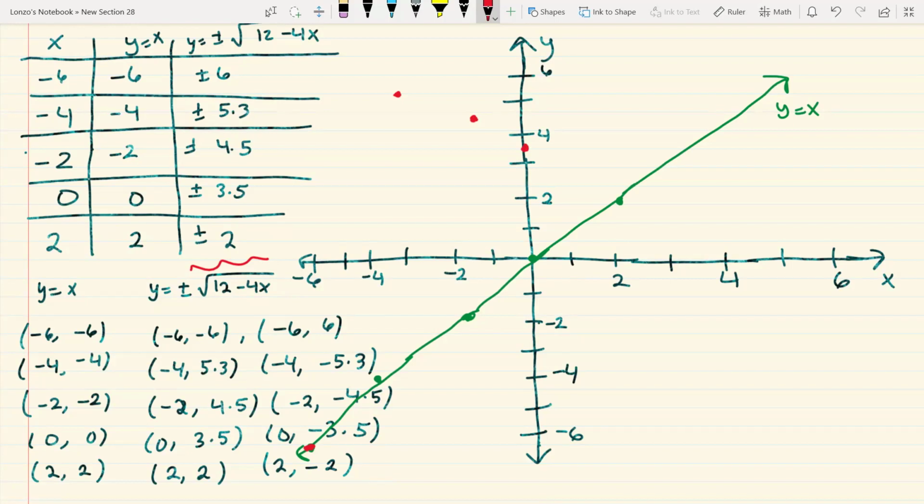The next one is 2, 2. It overlaps the green one. The next one is -6, 6. -4, -5.3. -2, -4.5. 0, -3.5. And then 2, -2.